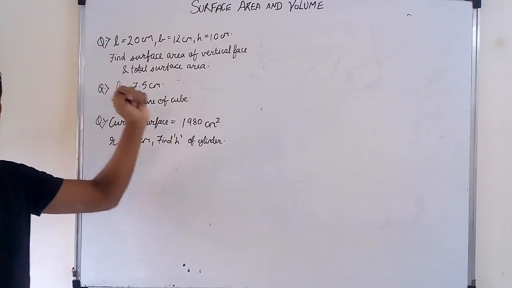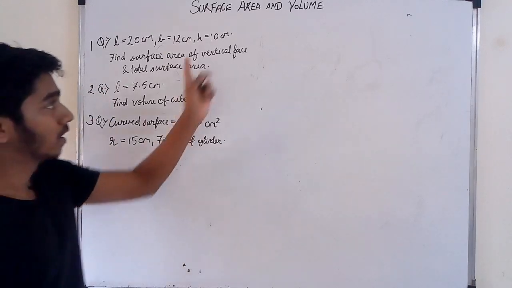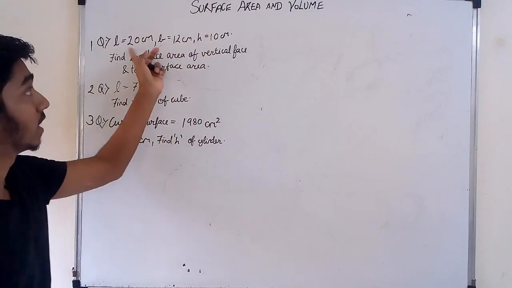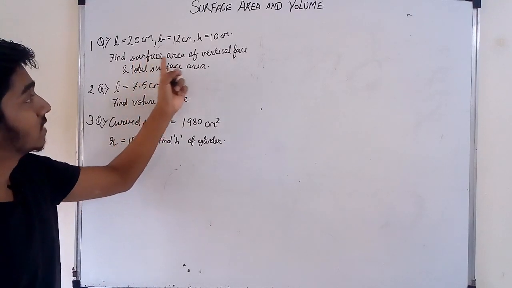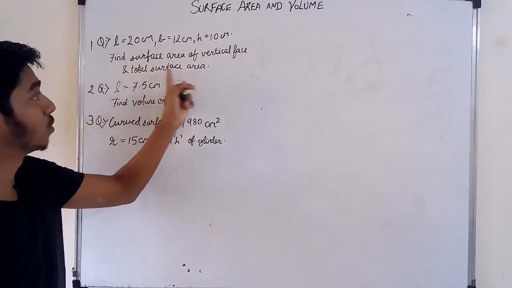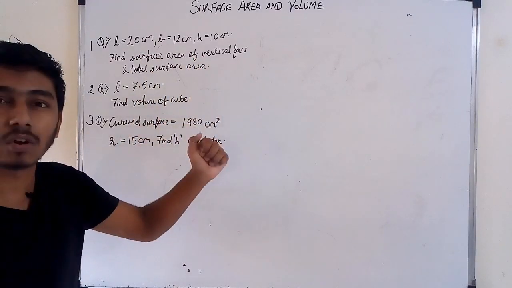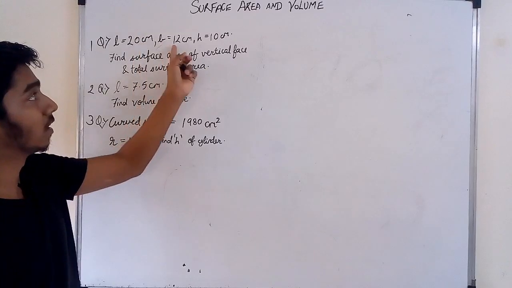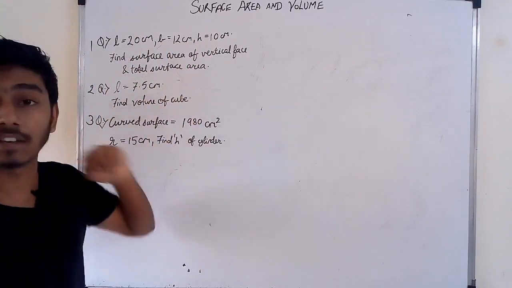Here's the first question, which says that the length, breadth and height are given to us, and we have to find the surface area of the vertical faces and the total surface area. Here, cube or cuboid is not mentioned, but from the measurements given, we can say that this is a cuboid.